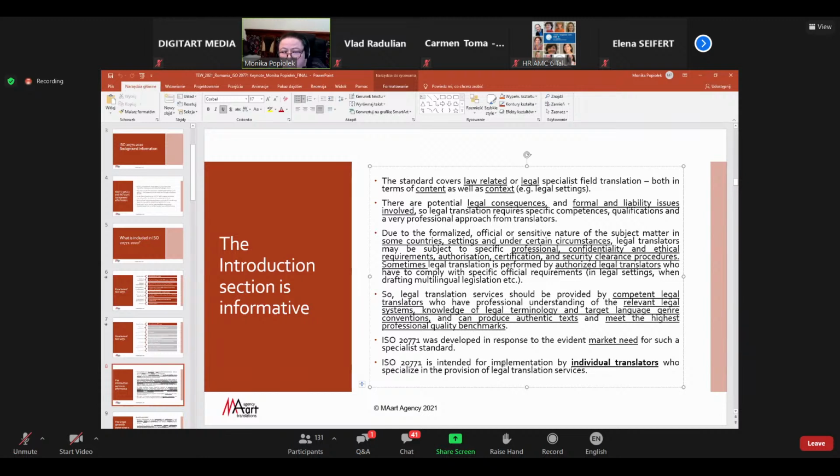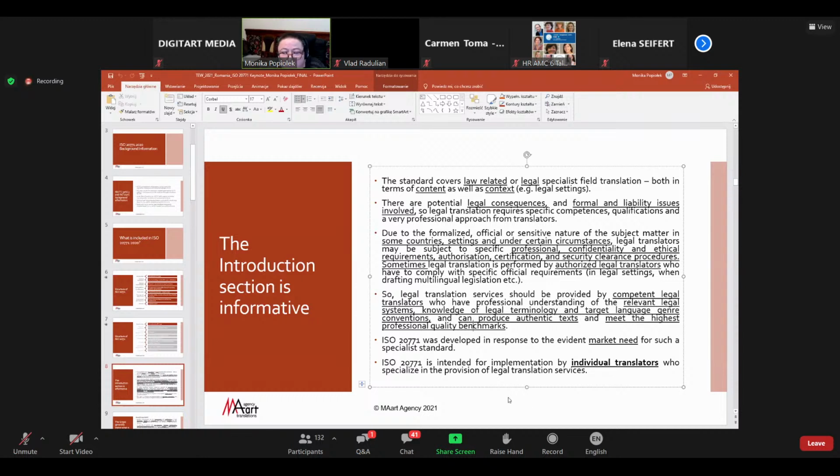If we go on, it hasn't been agreed yet, but if we go on with this strategy of developing specialist standards for other fields of specialization, for example, technical, medical, whatever, I think they will be much easier. First of all, because the structure and the issues sorted out in this standard allow for that. And secondly, because none of those specializations require such strict adherence to rules and such high qualifications.